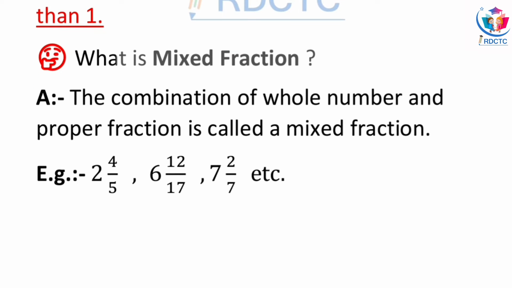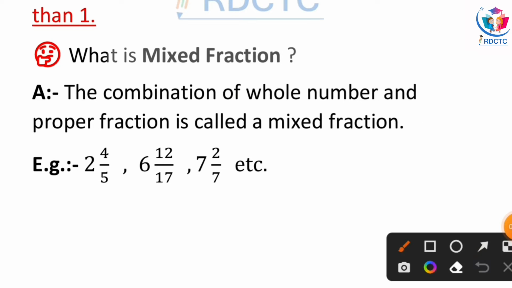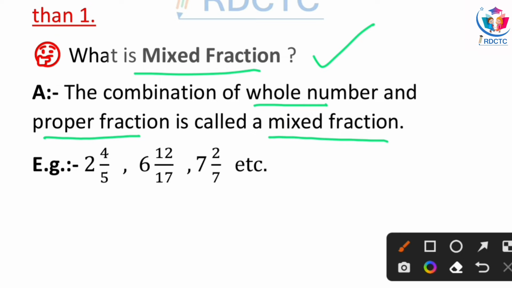Next we see the mixed fraction. What is mixed fraction? The combination of a whole number and a proper fraction is called a mixed fraction. Okay, let's see the example. We take 2 whole 4 by 5.